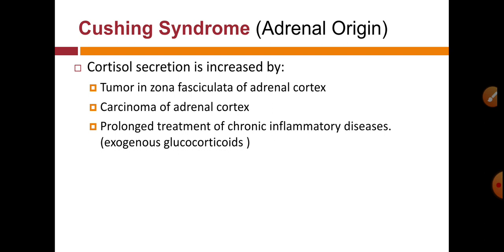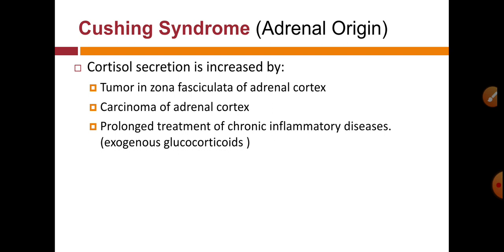In a patient with chronic inflammatory disease, glucocorticoids or cortisol are given to prevent inflammatory responses. And when there is prolonged taking of exogenous cortisol, it will lead to Cushing syndrome also. So these are the Cushing syndrome causes.